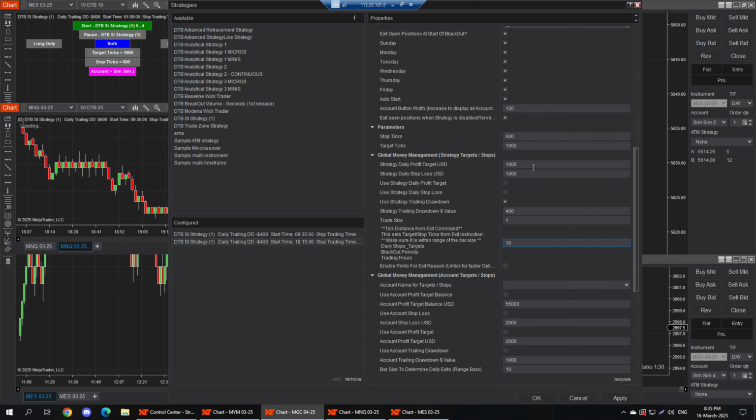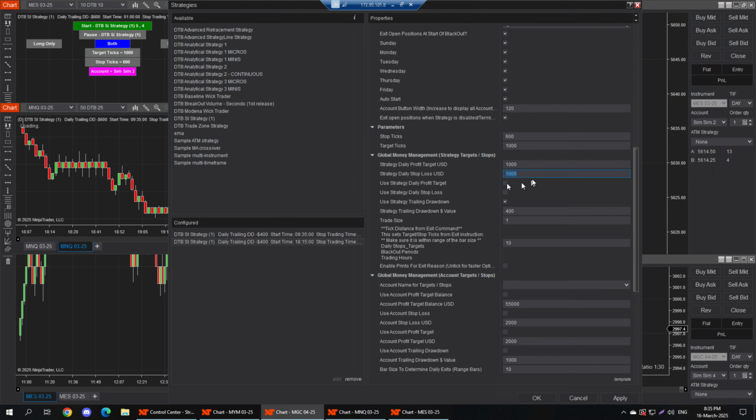So NinjaTrader will say, hey, we've hit our stop ticks, but we've also hit our daily profit target. So it's going to close the position for the stop ticks, but it's also going to close the position for the daily profit target. But then we've got an overfill, which is going to leave unprotected orders in the market, which I'd noticed happened last week.